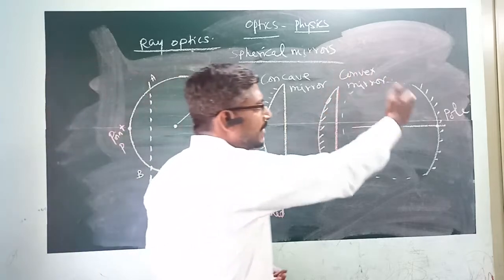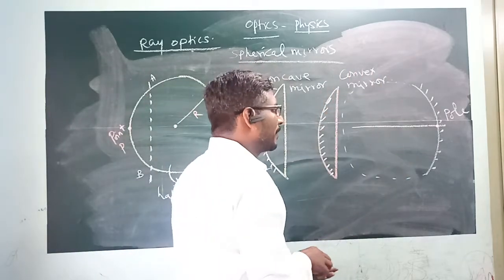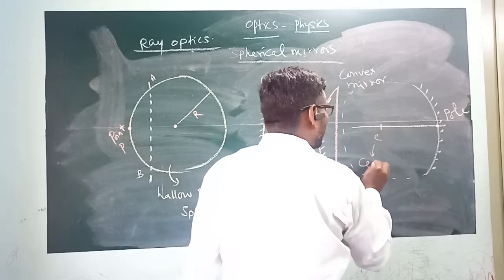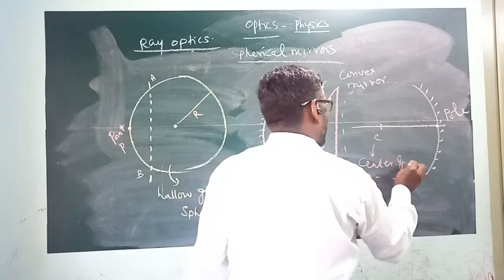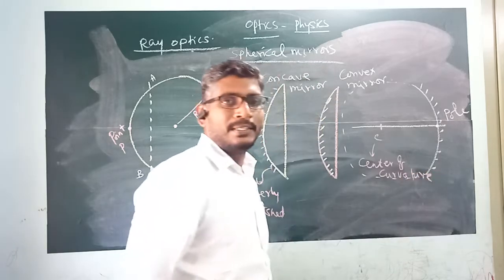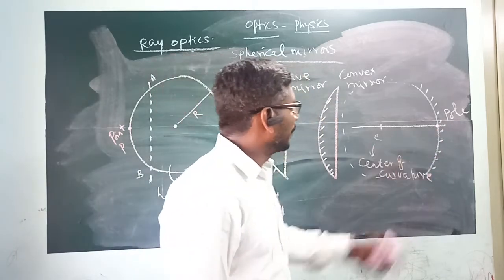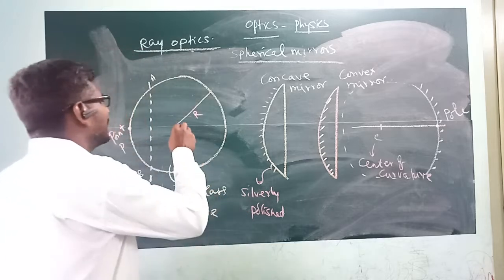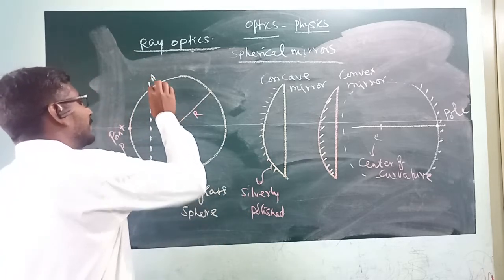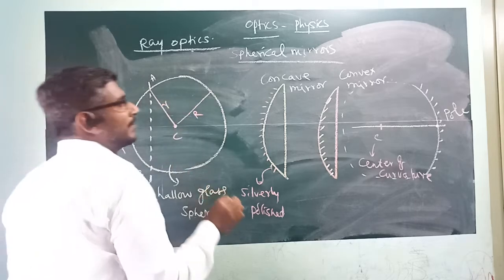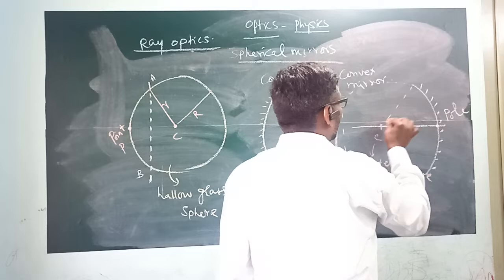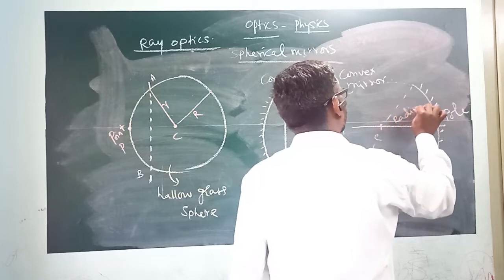If this is the portion which is taken off, there is a center for it. This center you call the center of curvature, C. The distance from this center of curvature C to the point A, CA is equal to R, which is your radius of curvature.